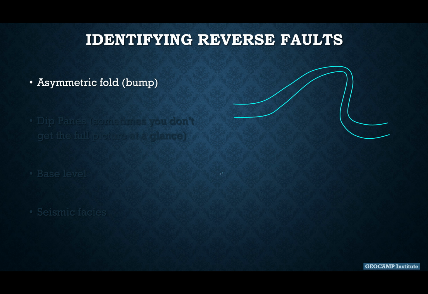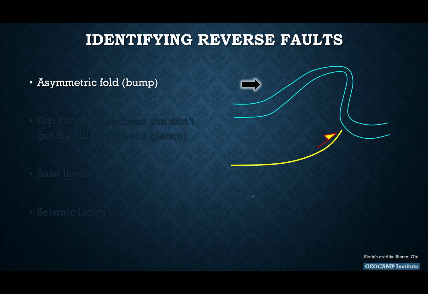But in a case where you have some asymmetry to the geometry of the fold, perhaps you might interpret a fault underneath, because each time you see a bump like this, there is something underneath that is carrying that bump.